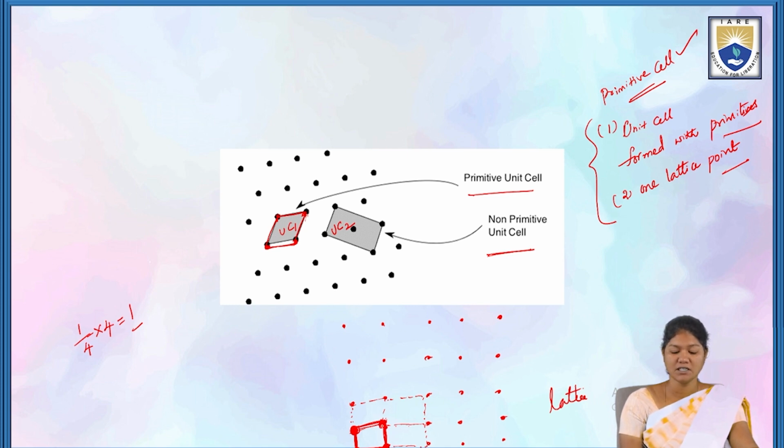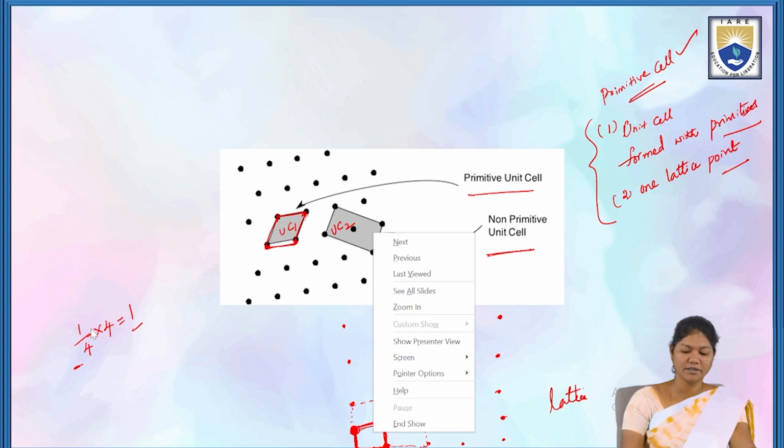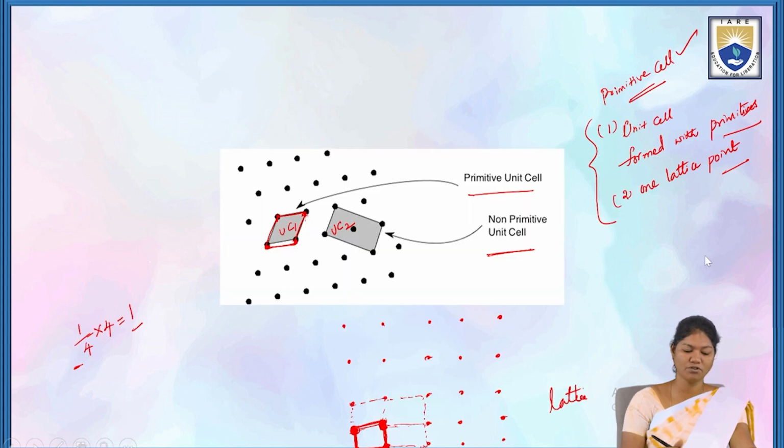Like that, each atom at the corner is shared with other unit cells, so that at each corner only one fourth atom or one fourth lattice point is there in this unit cell. One fourth atom into four corners is equal to 1. So we are getting totally one atom or one lattice point.